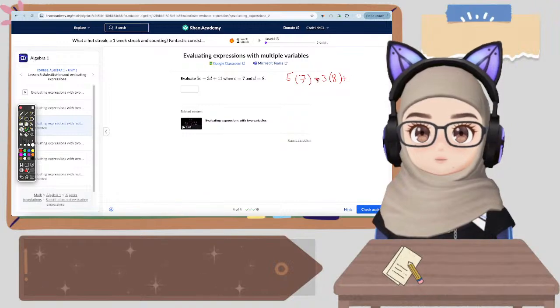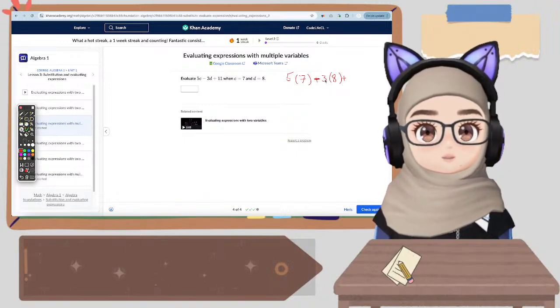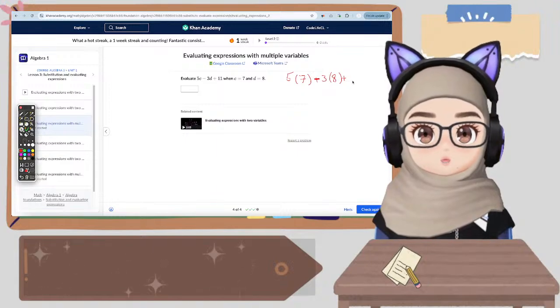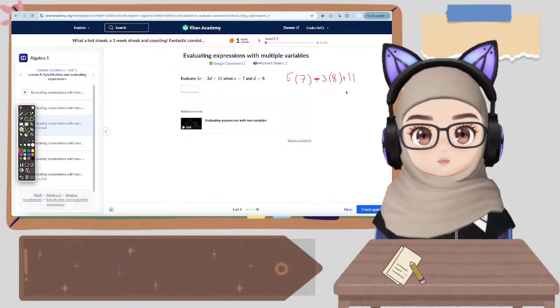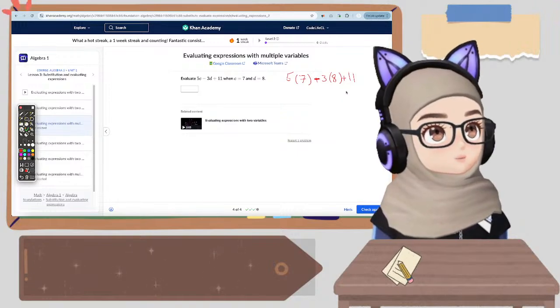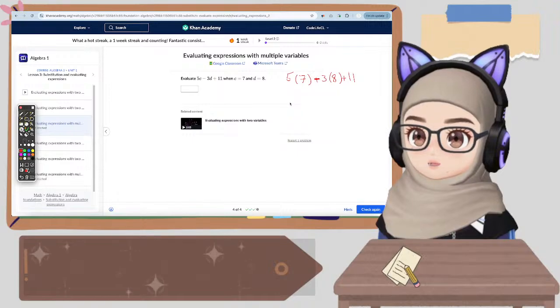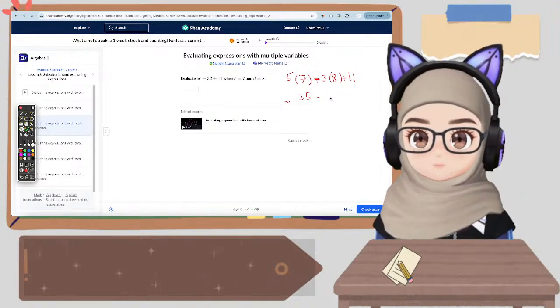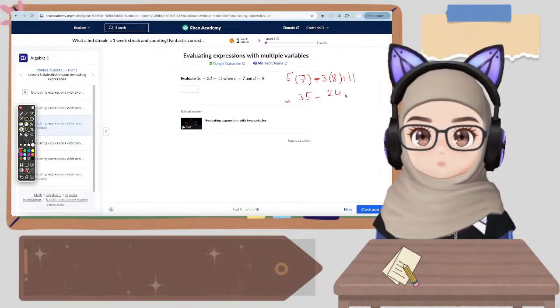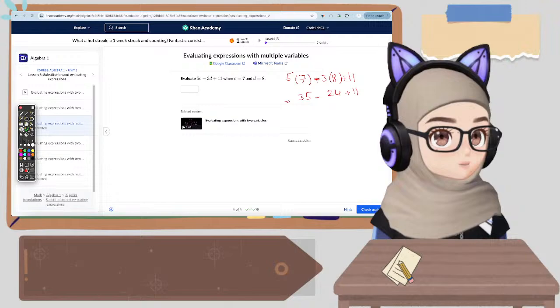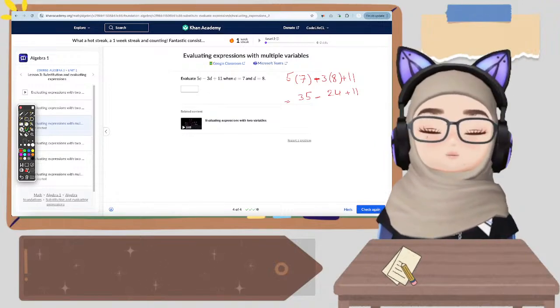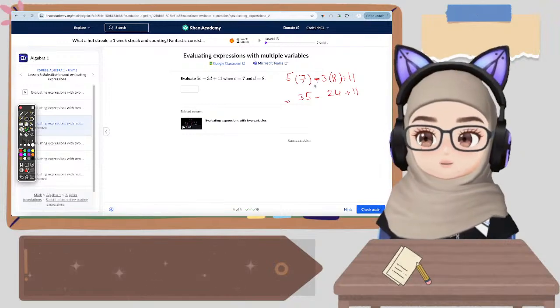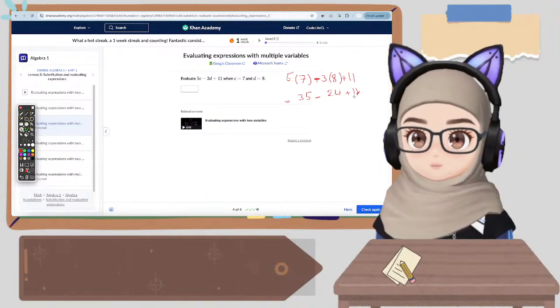Oh, wait, why is this a minus, not a plus, obviously. Wait, I did a plus instead of a minus? Okay, so this is 35 minus 24 plus 11, right? 3 times 8 is 24, right? I'm doubting myself right now. 3 times 8 is 24, yeah. Google says so. This better be correct. So I would do this side instead of this, before this. So the answer is 0.